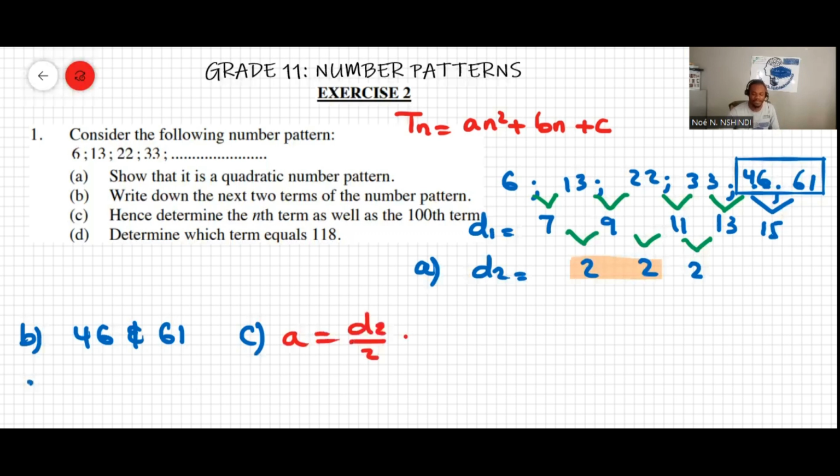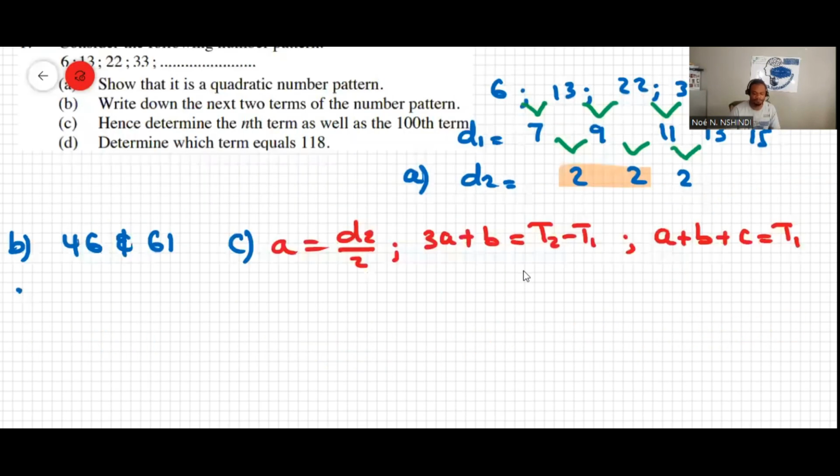And then 3A plus B is equal to the first difference of the quadratic pattern, T2 minus T1. And also A plus B plus C equal to T1.